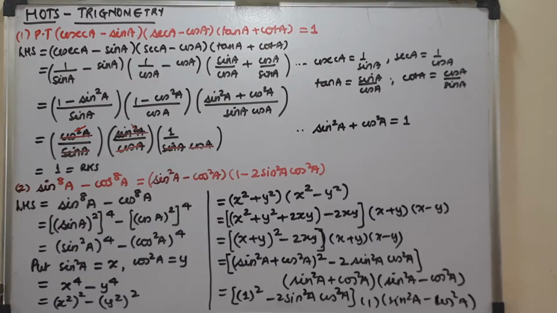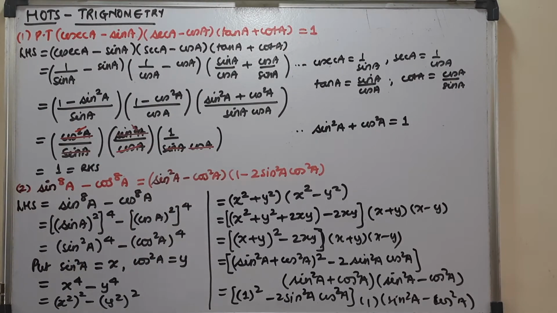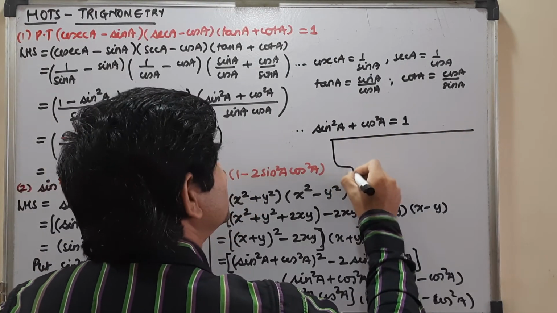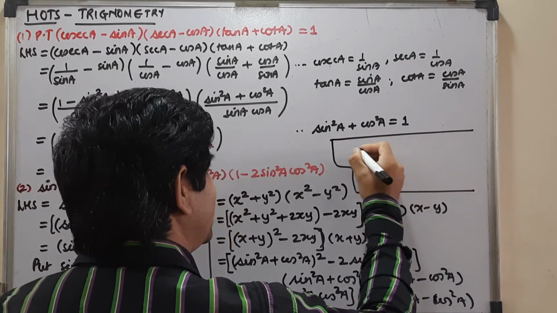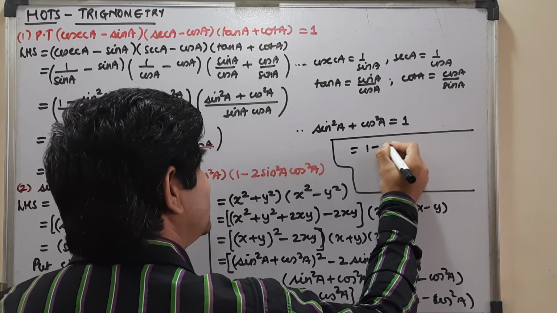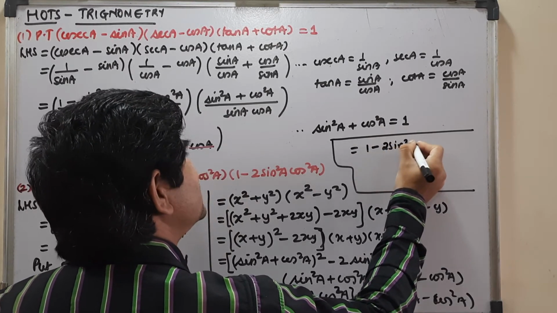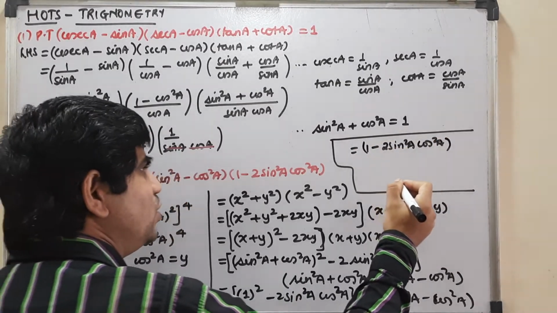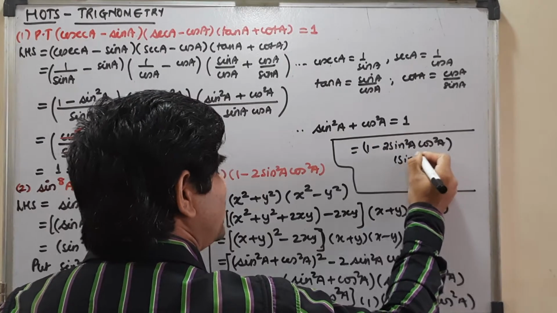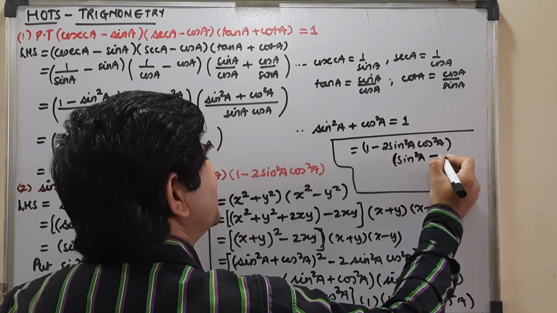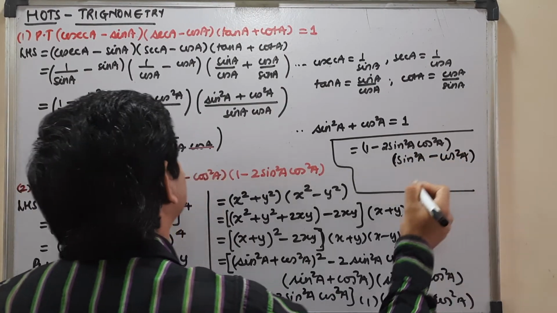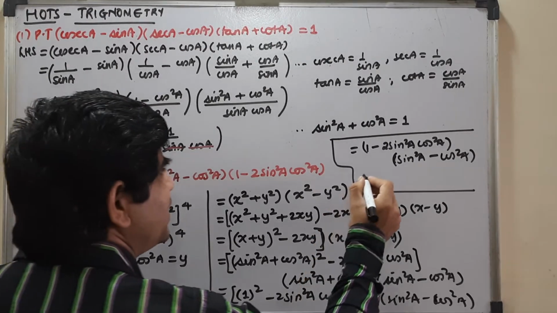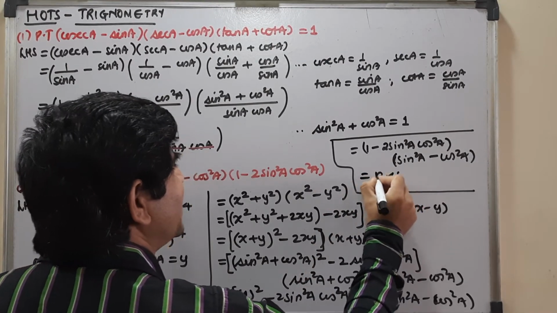The final result of yours, I am writing it over here, is 1 minus 2 sin square a cos square a into sin square a minus cos square a, which is what I want in my right hand side.